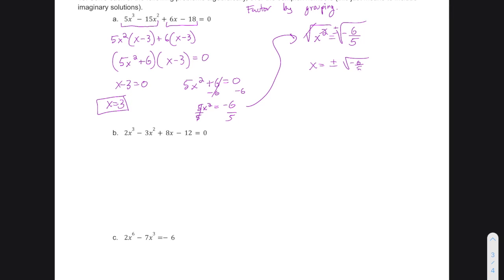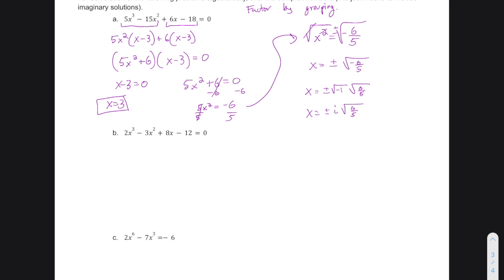Okay. And since we are taking the square root of a negative number, we can factor out our imaginary part. We can take the square root of negative 1, factor this out of negative 6/5, and we know that the square root of negative 1 we can write as i. So this is plus or minus i square root of 6/5.